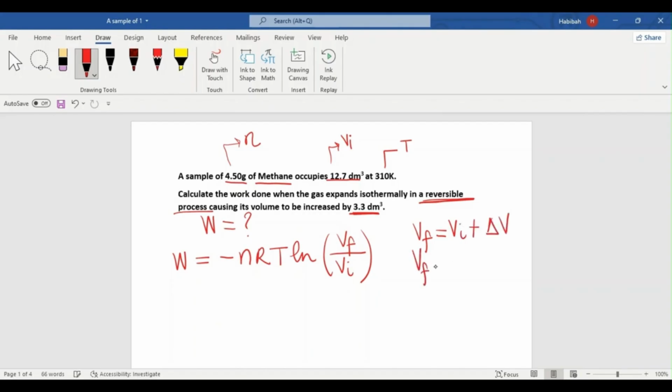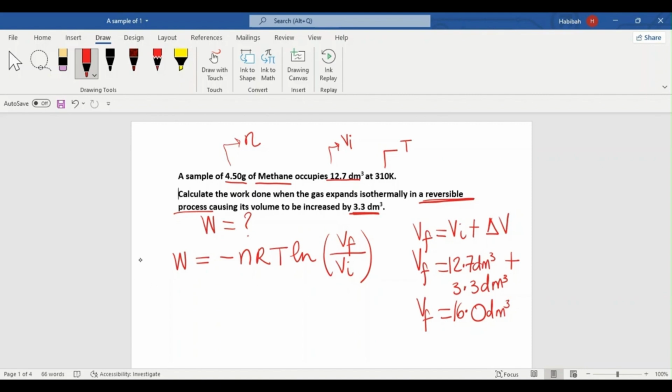So V final is just going to be 12.7 dm cubed plus 3.3 dm cubed. 12.7 plus 3.3 is the same thing as 16.0 dm cubed. So that's how you work with this one.